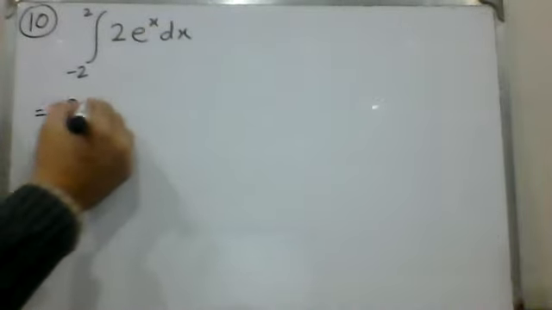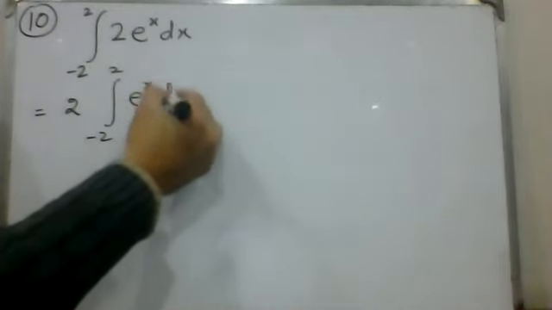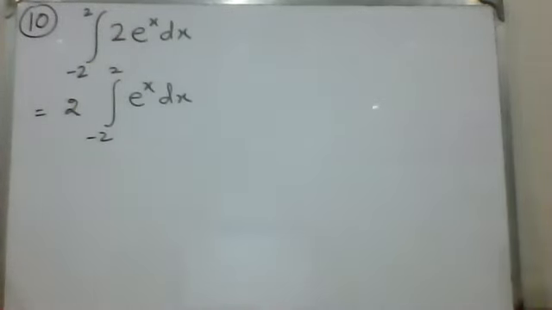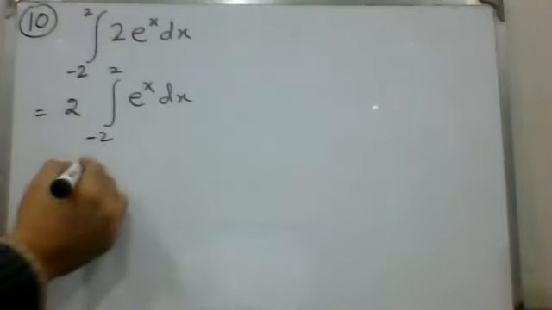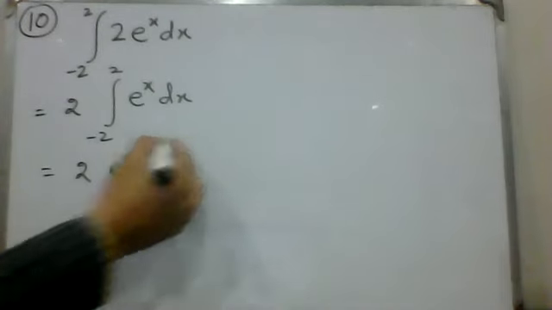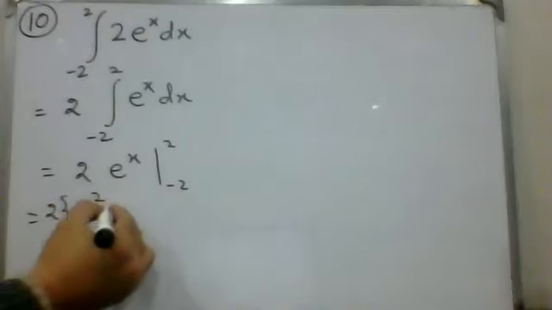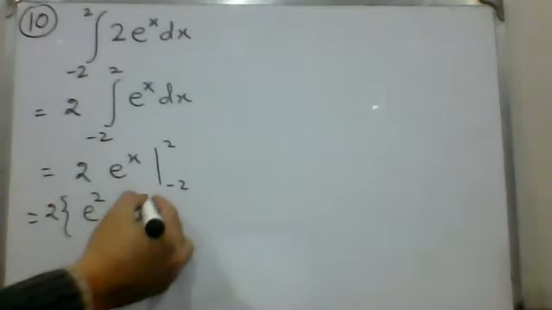Shifted constant to outside, that is minus 2 power 2 e power x dx. So integral of e power x is e power x, and the limit is minus 2 to 2. So first we put in the place of x is 2, then sign of negative, then minus 2.